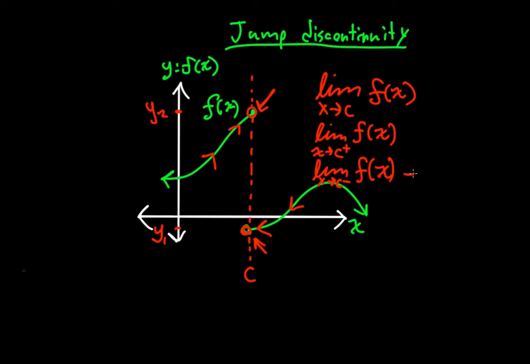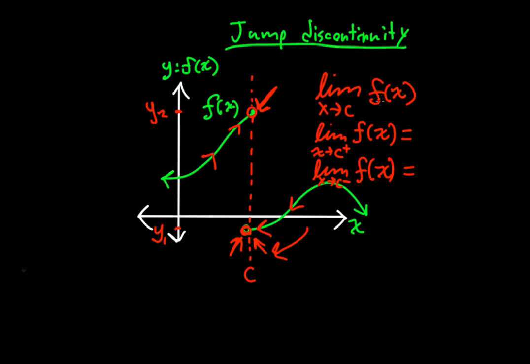And these positives and negatives just specify the direction that we're traveling in, because you'll see as we get closer and closer, if we're coming from the right, from past this discontinuous spot, we're getting closer and closer to this point down here, whereas up here we're getting closer and closer to this point up here if we're going from this side.